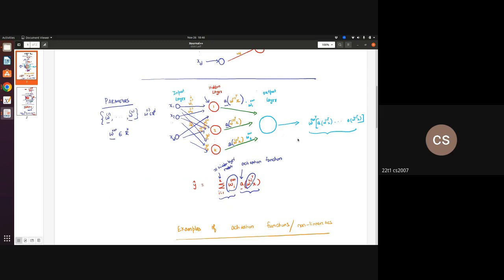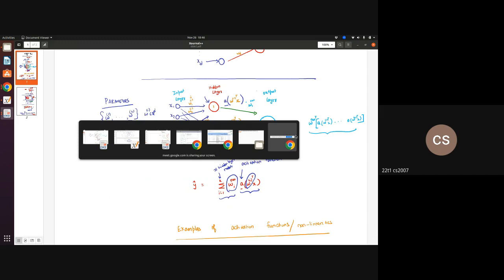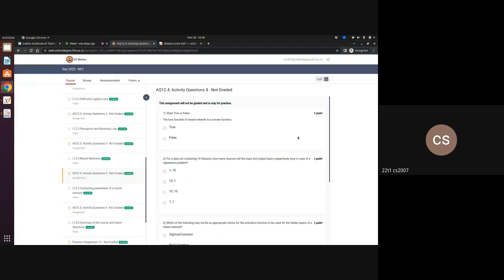So the resultant loss function that we get is indeed neither convex nor concave. You know how the sine function is, right? It's neither convex nor concave. Similar is the kind of loss function that you get for neural networks. So it is not a convex function. If you apply gradient descent, you get some result, but that may not be the global minima.